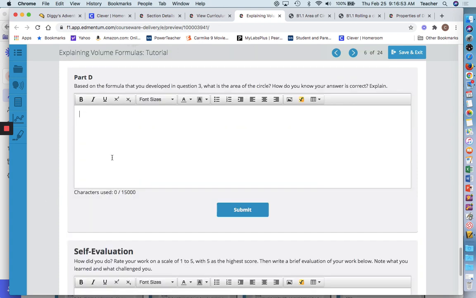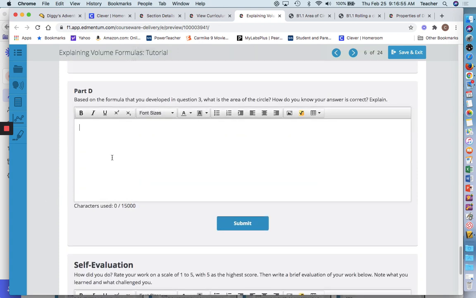All right, part D. Based on the formula that you developed in question 3, what is the area of the circle? How do you know your answer is correct? Let's see. So area of a circle, area is the mass inside a figure. So I'll be saying, this is correct because it's not going to change.